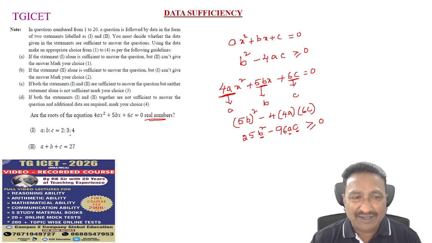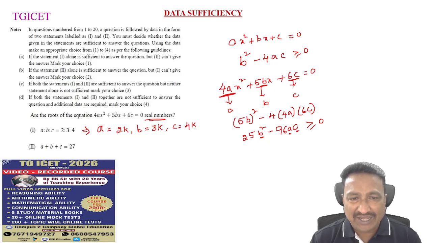So we should assume the exact values are a equals 2k, b equals 3k and c equals 4k. k may be any number, 1, 2, 3, 4, or any fraction. So we have to find the k value.